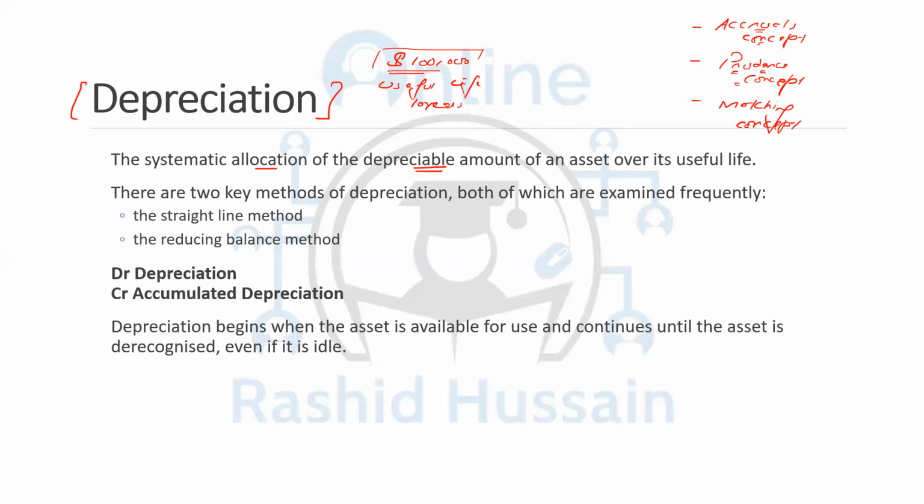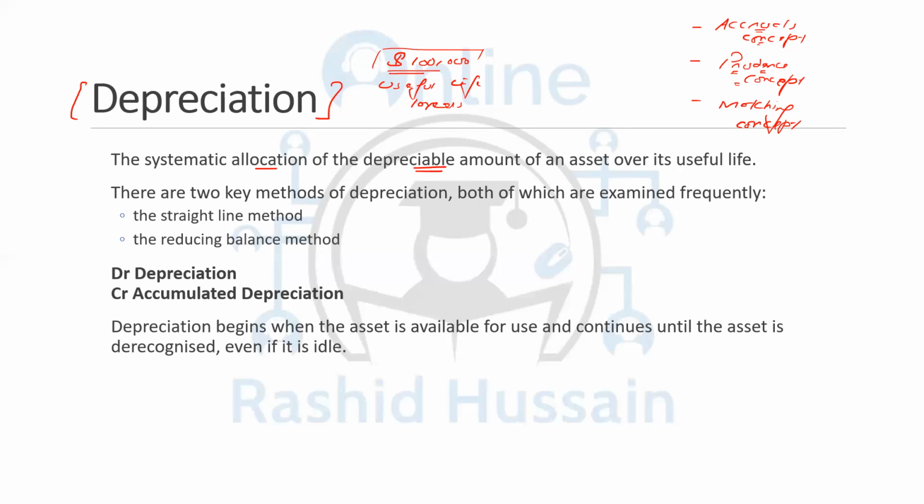So the general concept is, and I say general because there are some assets which can appreciate later on, so I'm not talking about those appreciations. Generally speaking, when you talk about any asset, let's assume cars, if you're selling it after a year, then that is going to be regarded as a used car, and you are not able to sell it at the price of the new car.